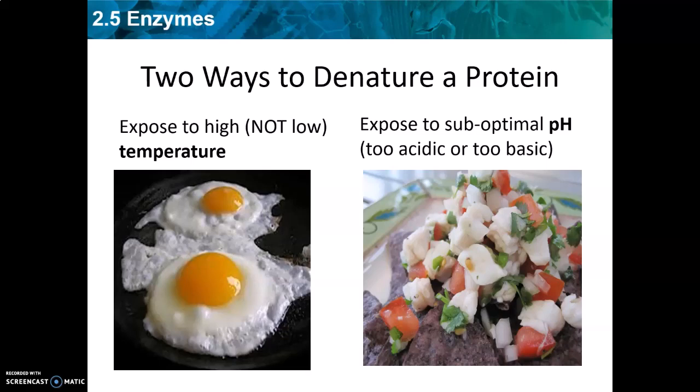It has the same texture of something that has been cooked. But instead of using heat to denature the protein, you are actually using an acid, a combination of lime juice and lemon juice, other citruses that are very acidic. If you soak the fish in an acidic solution, that will denature the protein of the fish, and it will be similar to cooking it.